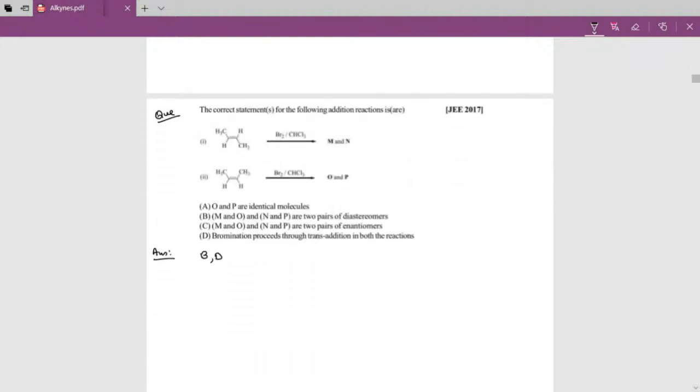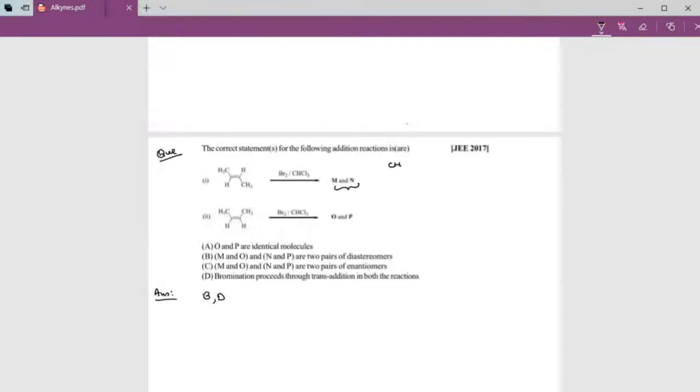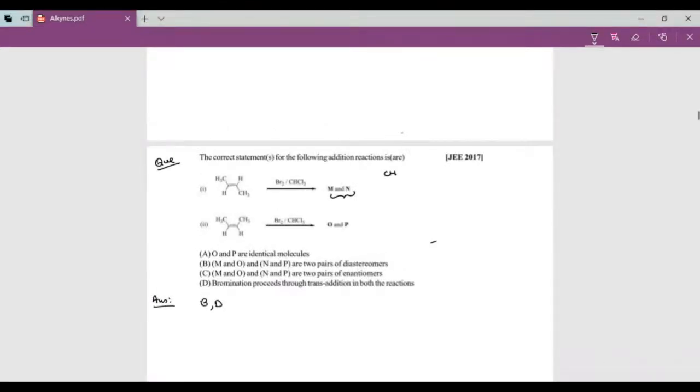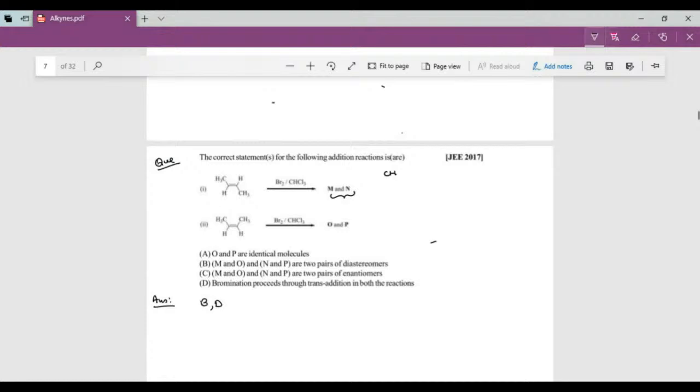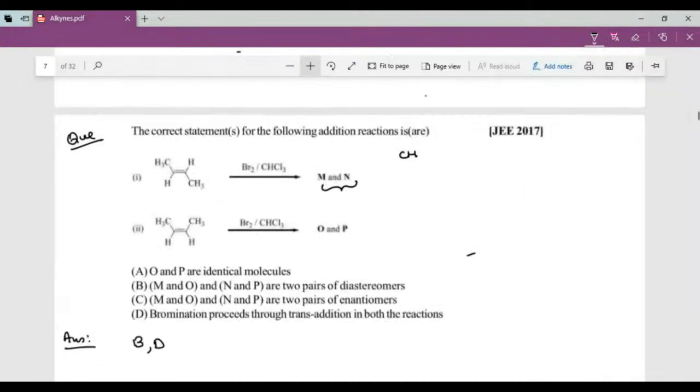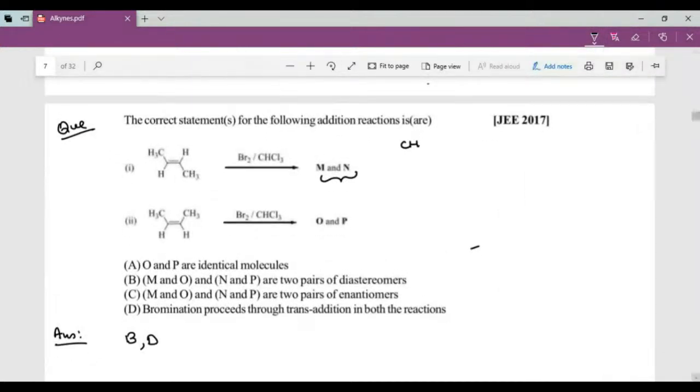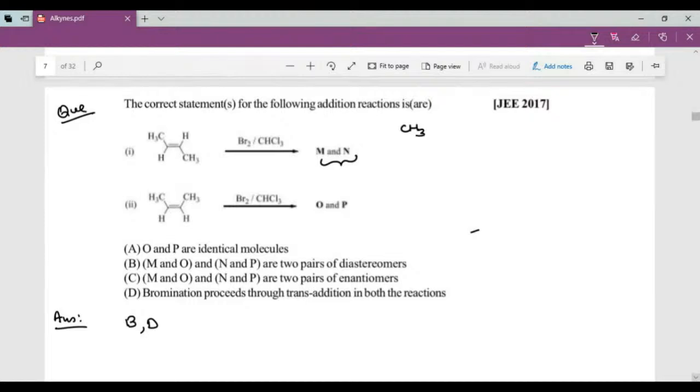Again you see, this is trans. So M and N, I am finding it slightly small in font. So let us take help of a little zoom, it will help you have a clear vision. So here it is meso formed.